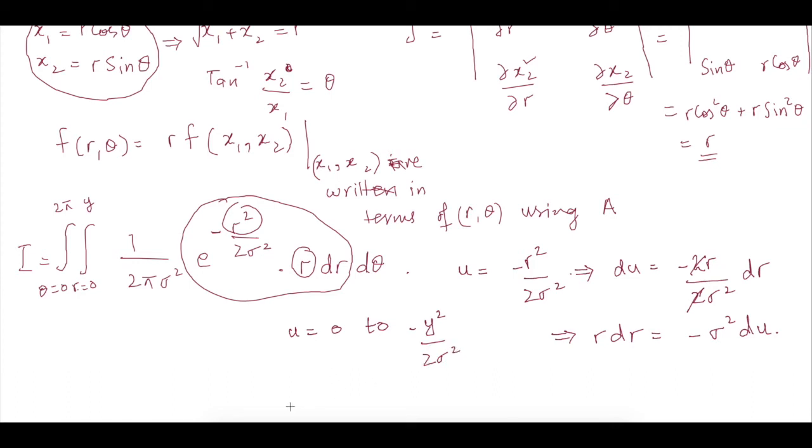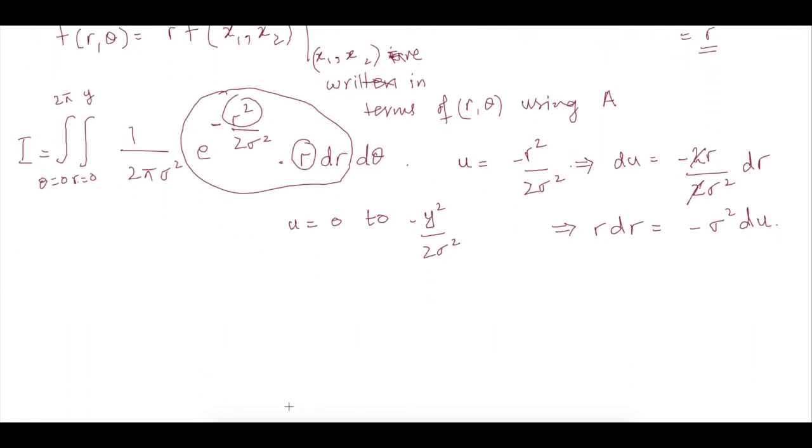Okay, so now using this transformation, what do I get? Theta is still there, theta is doing nothing right now. So u is equal to 0 to minus y squared over 2 sigma squared, 1 over 2 pi sigma squared e to the u, and then r dr is what?